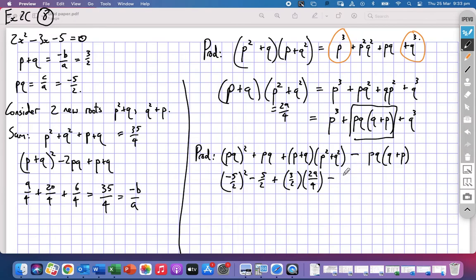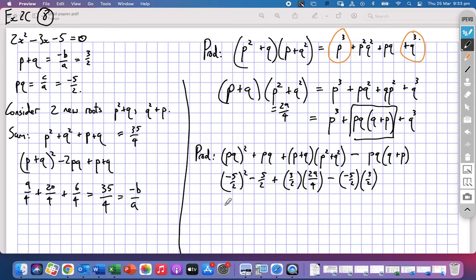Minus pq, that was minus 5 on 2 times q plus p is 3 on 2. Wowzers. All right. So what do we get now? We get 25 on 4. Now, actually, when we do this multiplication, we'll get everything on 8. So let's go for a denominator of 8 from the start.